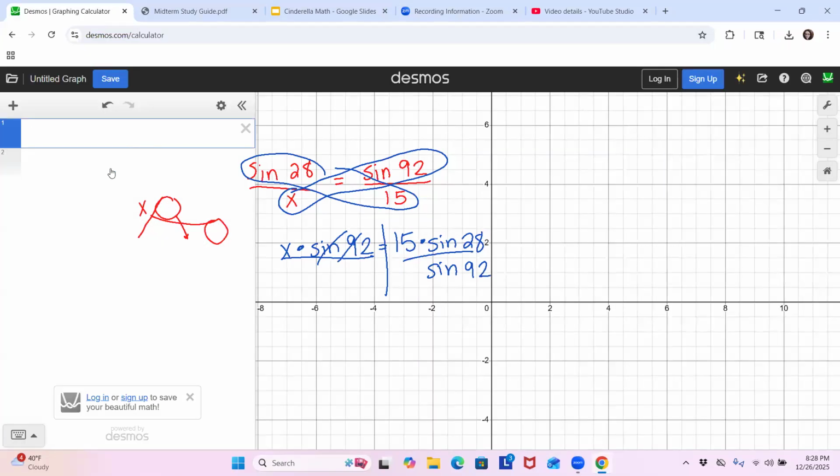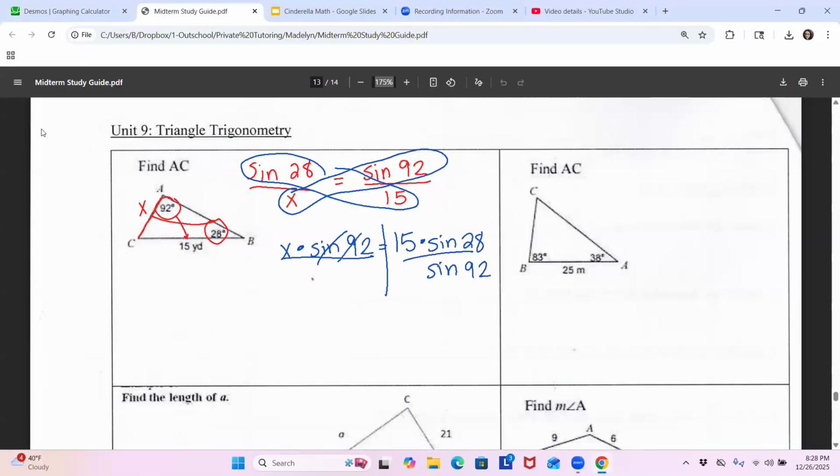So we have 15 sine 28 all over sine 92. Make sure you're in degrees, 7.04. So I would just say 7 if I'm rounding to the 10th here. But again, round to whatever. So X or AC is approximately 7.04, and we are in yards. 7.0 if you want.